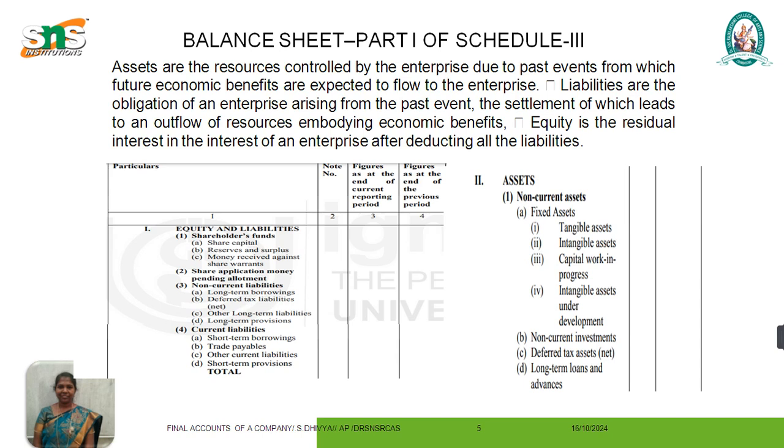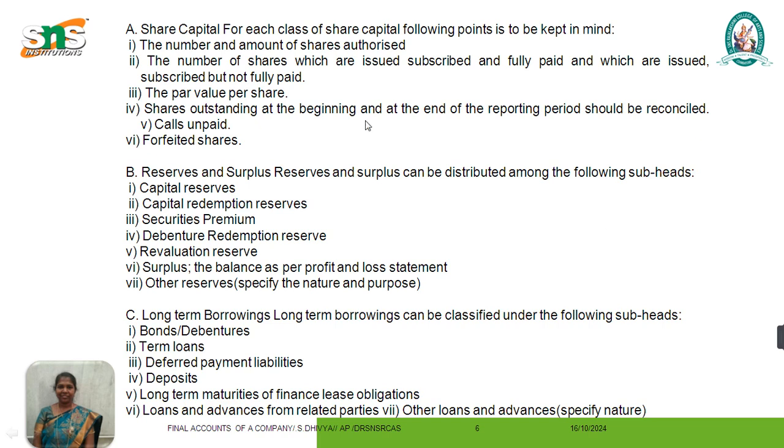Now the balance sheet, Part 1 of Schedule 3. First is equity and liabilities: shareholders' funds, share application money, non-current liabilities, and fourth, current liabilities. The liabilities are divided in this column, and then the assets, non-current assets and current assets. Under non-current assets come fixed assets, non-current investments, deferred tax assets, and long-term loans and advances.